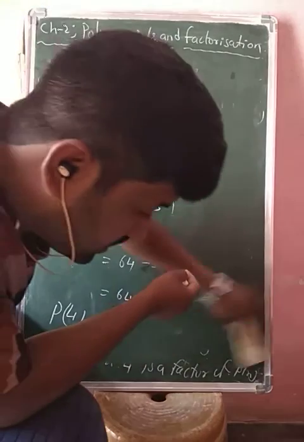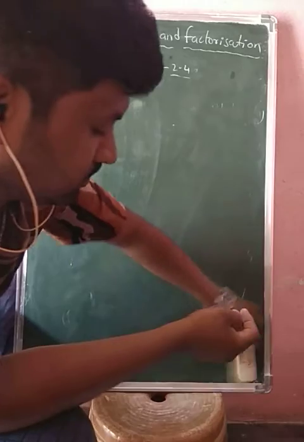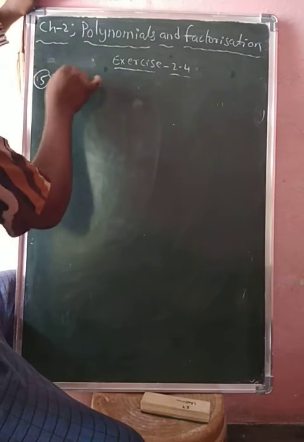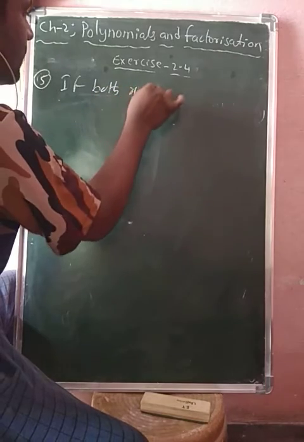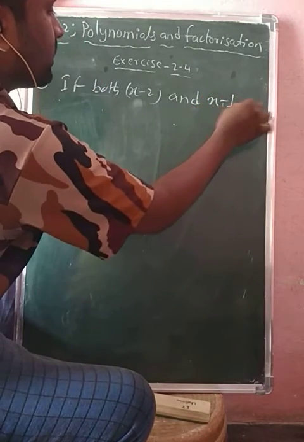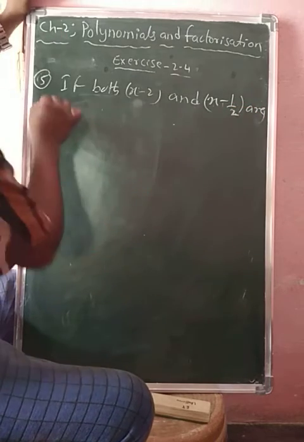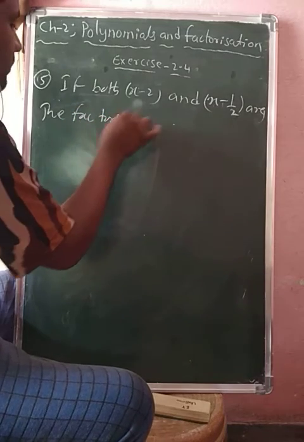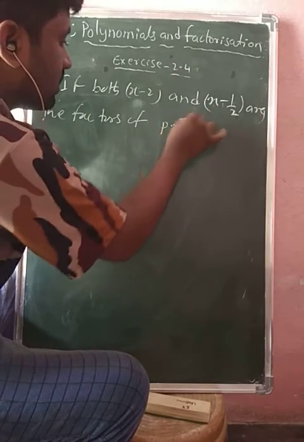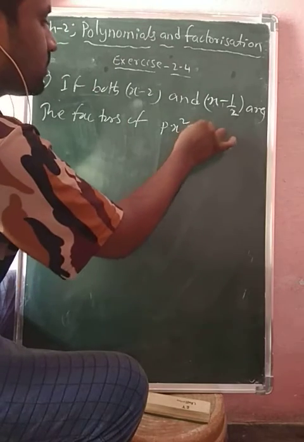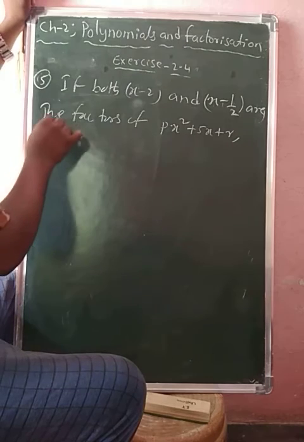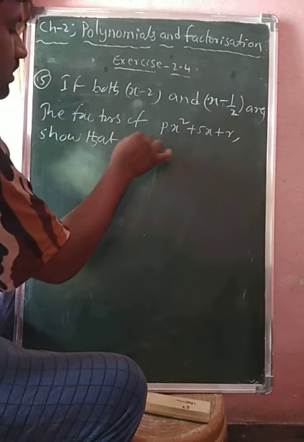Now one more question in this. The question number 5: if both x minus 2 and x minus 1 by 2 are the factors of px square plus 5x plus r, show that p is equals to r.